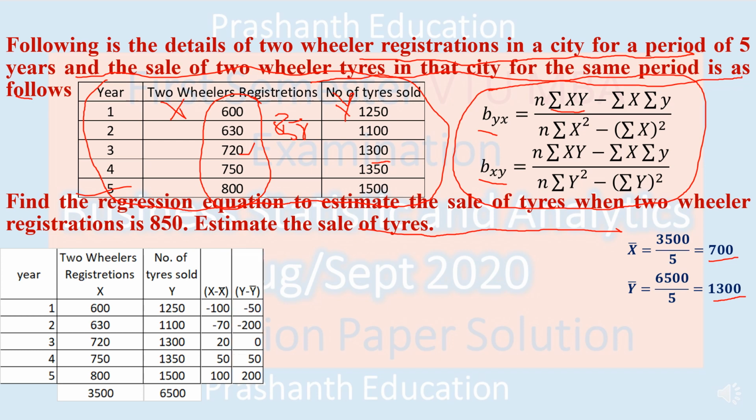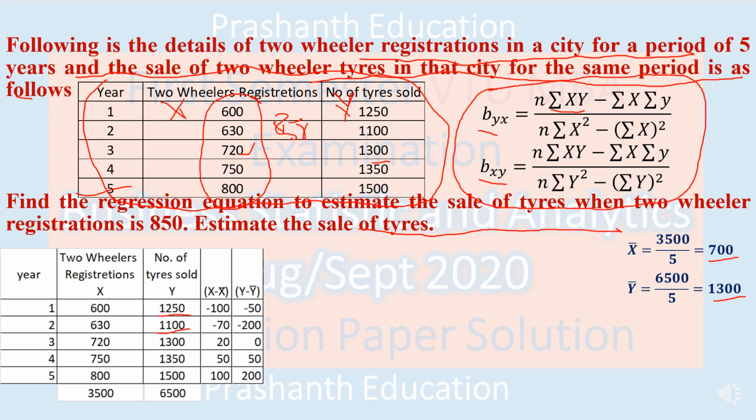Now let's calculate y minus y bar. So y bar is 1300. So 1250 minus 1300 is minus 50. 1100 minus 1300 is minus 200. 1300 minus 1300 is 0. 1350 minus 1300 is 50. Again 200.